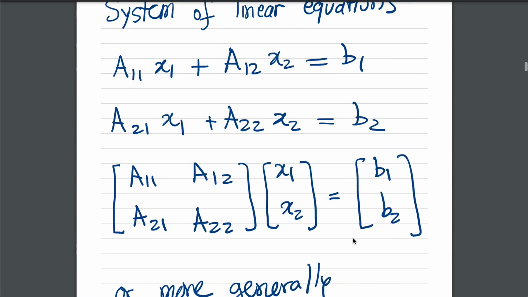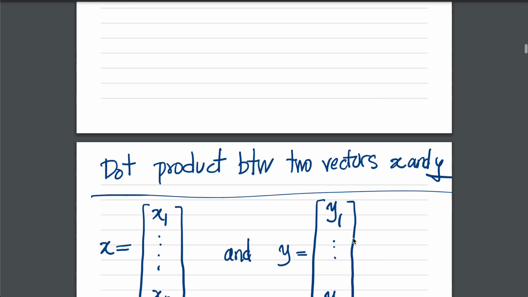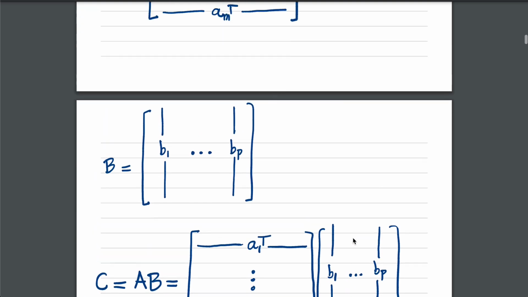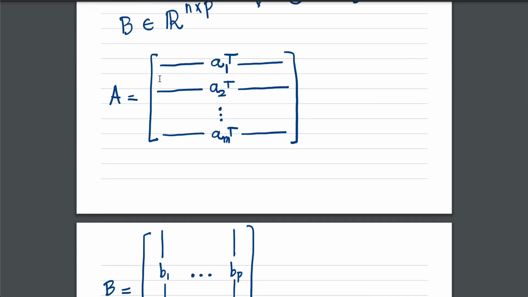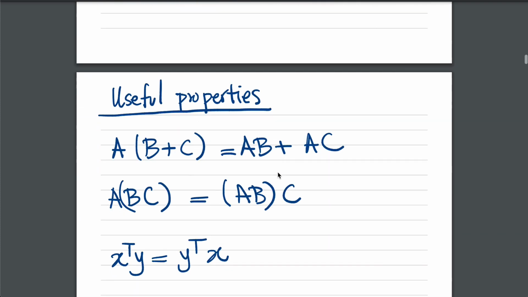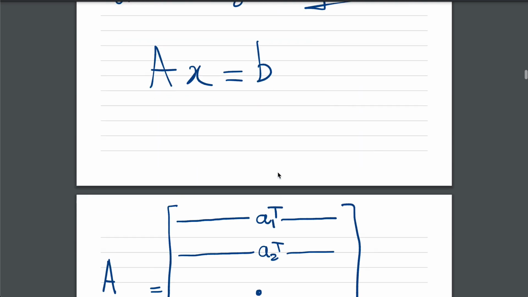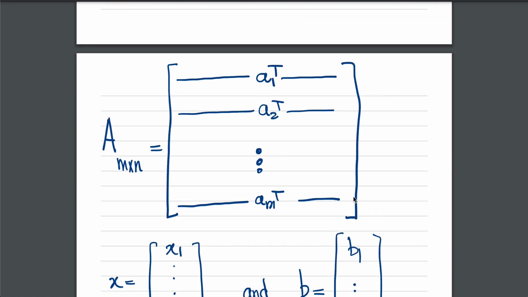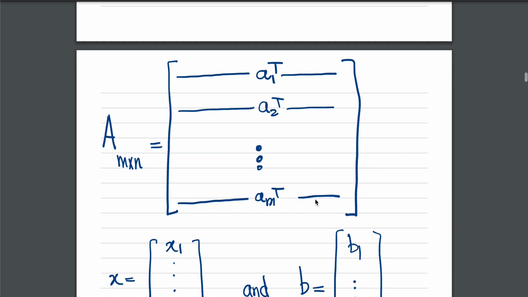Now, recall that here we call the rows of A little lowercase a, right? Here we are doing the same thing. So it's the first row, second row, mth row.